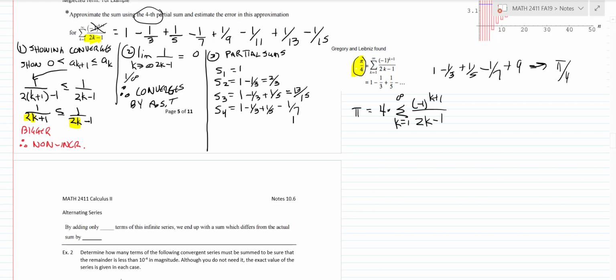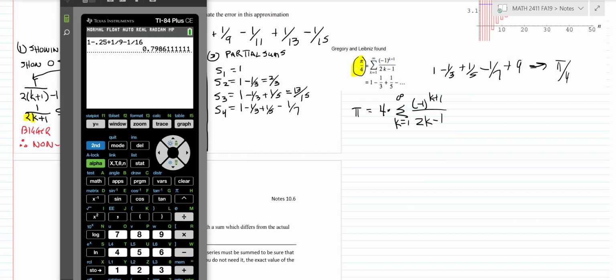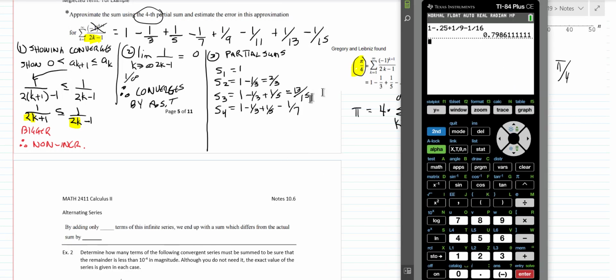If I do that, I'll end up getting this. I'm going to take the 13 over 15 from the previous step, and then subtract the 1/7. So 13 over 15 minus 1/7. I'll change that to a fraction, and that is equal to 76 over 105.